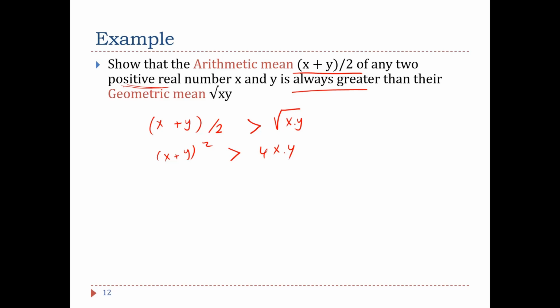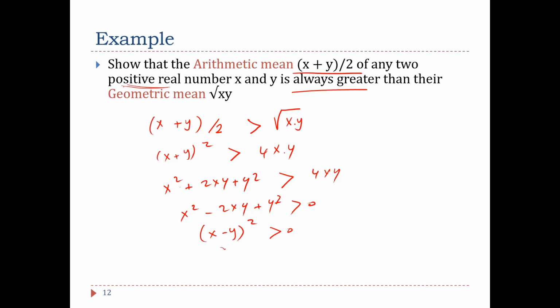This can be shown as follows: x squared plus 2xy plus y squared is greater than 4xy, which can be seen as x squared minus 2xy plus y squared is strictly greater than 0, which can be written as (x minus y) squared is strictly greater than 0.